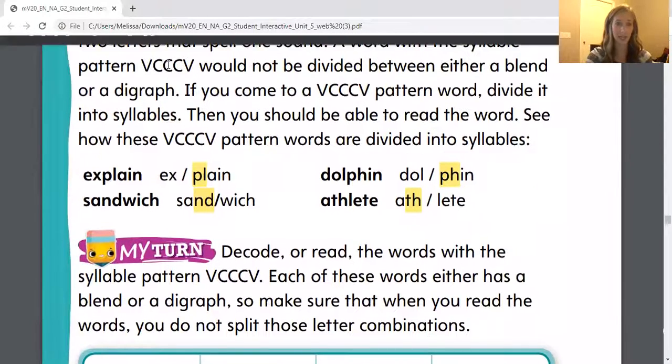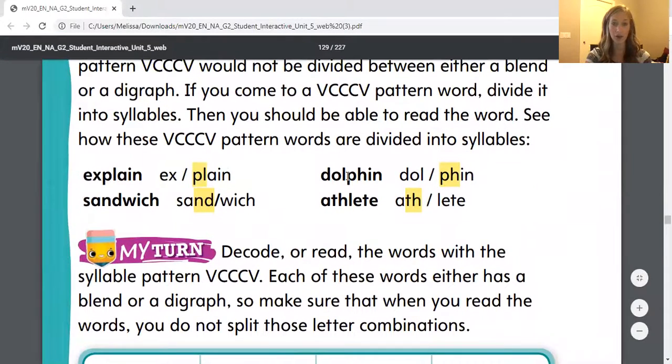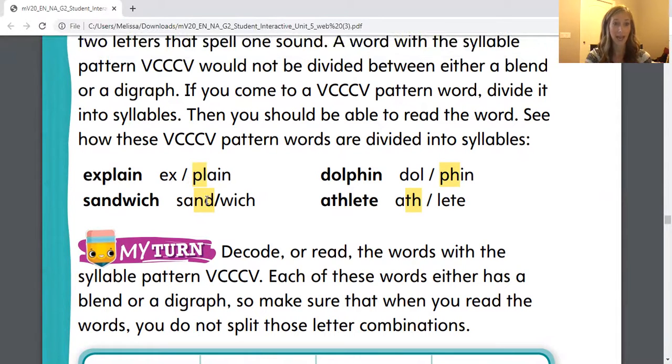So we have the word explain, dolphin, sandwich, and athlete. So notice where we have the PL, which is at the beginning of the second syllable. We have ND, which is at the end of the first syllable. We have PH at the beginning of the second syllable, and TH at the end of the first syllable.